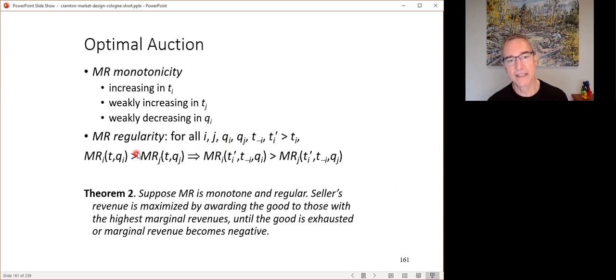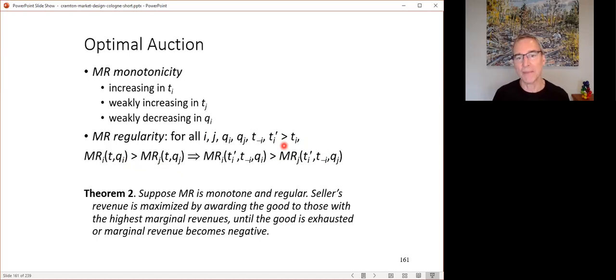But in the easiest case, we will assume it. And then the final thing we need is the marginal revenue regularity, which is the same statement. I take two types of myself, TI prime and TI. And if it's the case that when I'm type TI, I have a higher marginal revenue than J, then when I'm type TI prime, which is bigger than TI, I also have a higher marginal revenue than J. And that one really doesn't have much intuition anymore.